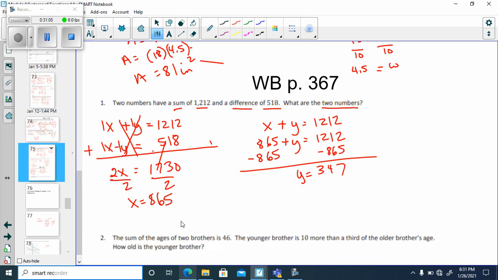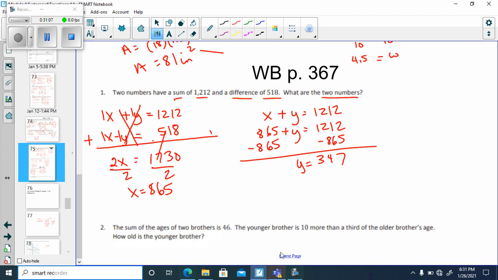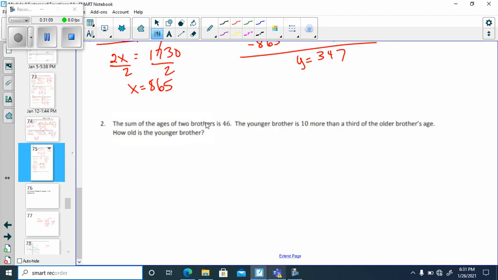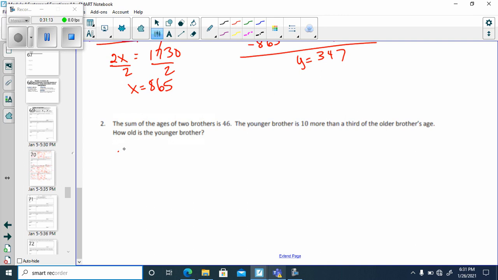And the final one. The sum of the ages of two brothers is 46. So let's write that down. We've got two brothers' ages. We've got the older brother and the younger brother, but let's just say X and Y. X plus Y is 46.